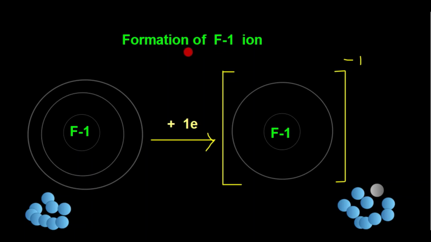Now we will understand the formation of the fluoride ion by writing the electronic configuration for fluorine. Fluorine, its atomic number is 9. If we write its electronic configuration, it would be 1s2, 2s2, 2p5.